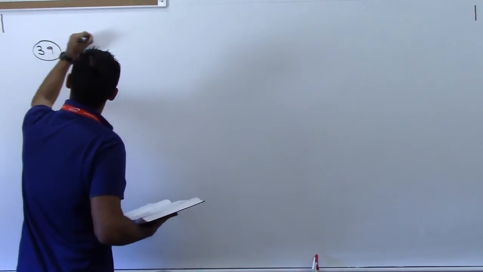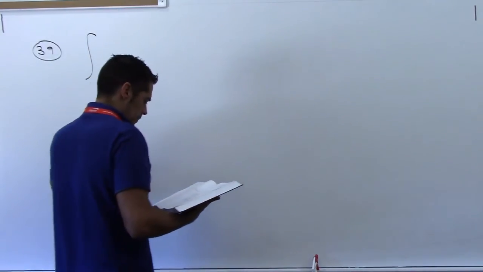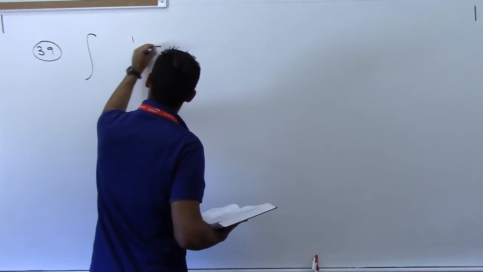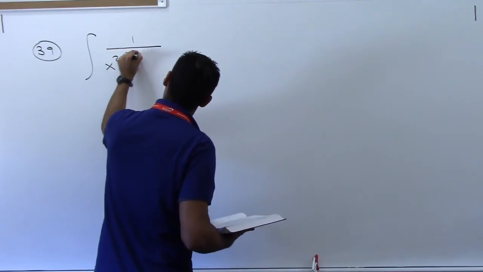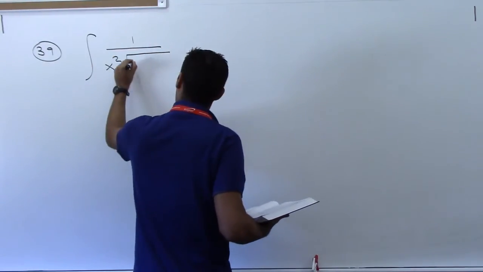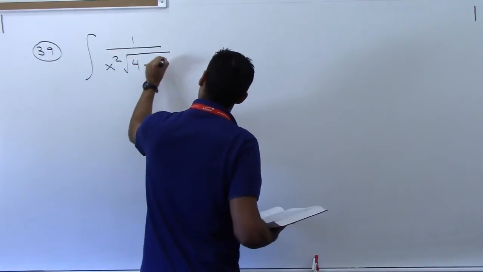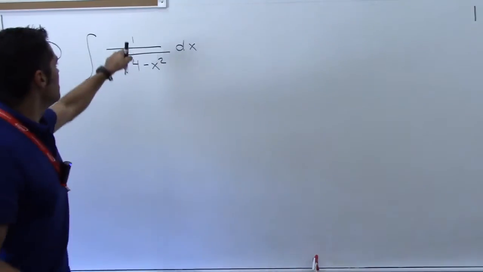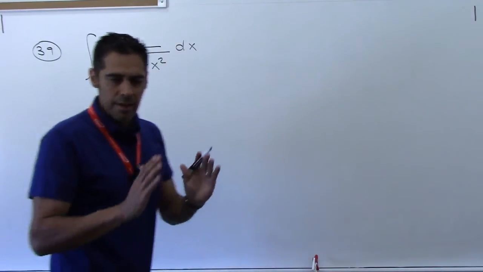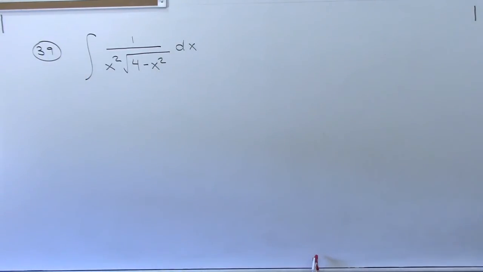39, integral dx on top, but I like to always peel my dx off the side. The book always puts dx on top, and I think they do that to save room so they don't have to go as wide, or just to give you some variation.